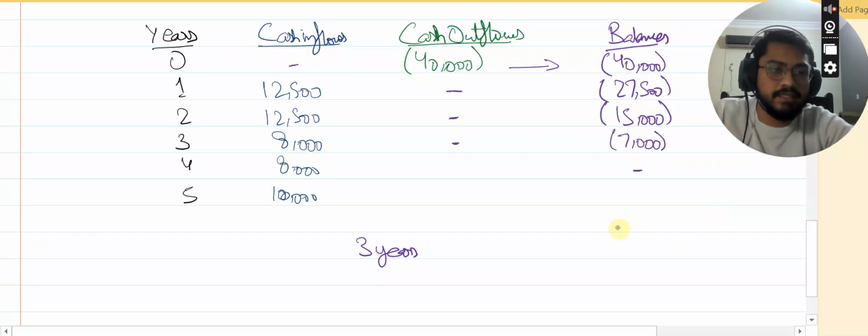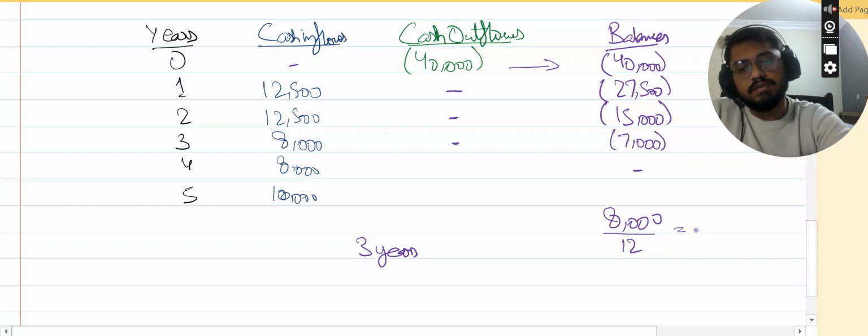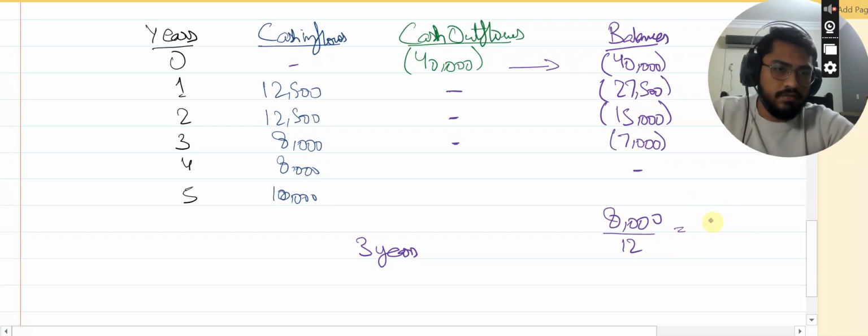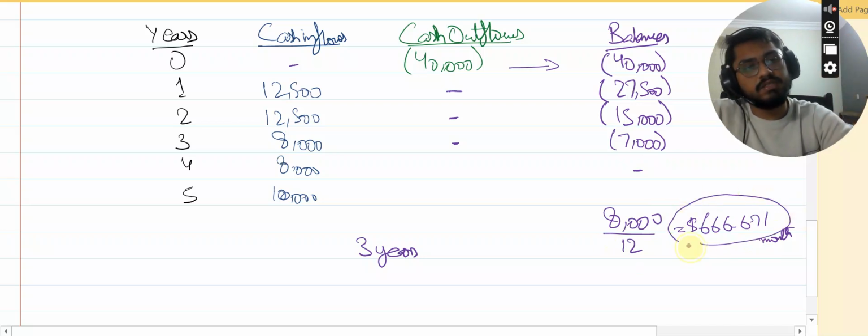Over here we assume that this $8,000 was generated on a constant basis over the 12 months. This means that we will divide this $8,000 by 12, which comes up to $666.67 per month.